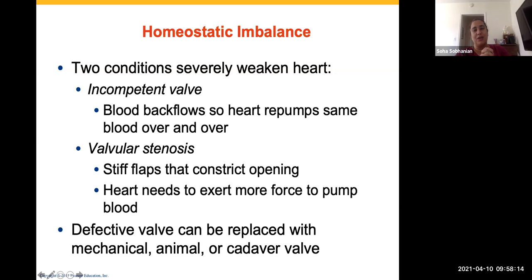That puts extra pressure on the heart, and in many cases valvular stenosis leads to an enlarged heart, because it forces the heart to work with a stronger contractility, and that causes the muscle to enlarge. Valvular stenosis can also be replaced, but the more common thing we see is the incompetent valve, which causes the heart murmur.